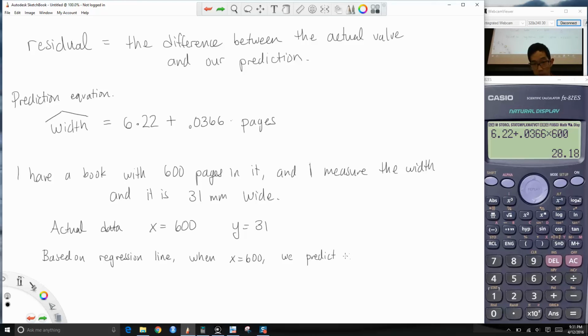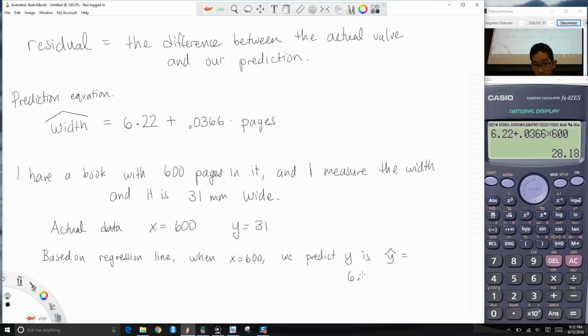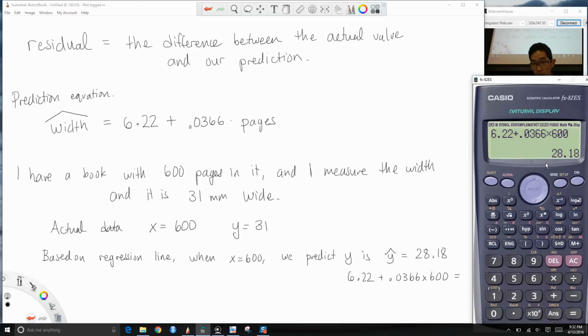We say y hat is equal to 6.22 plus 0.0366 times 600, and I get 28.18. So I plug this in, 6.22 plus 0.0366 times 600, and I get 28.18. This is what I'm predicting.